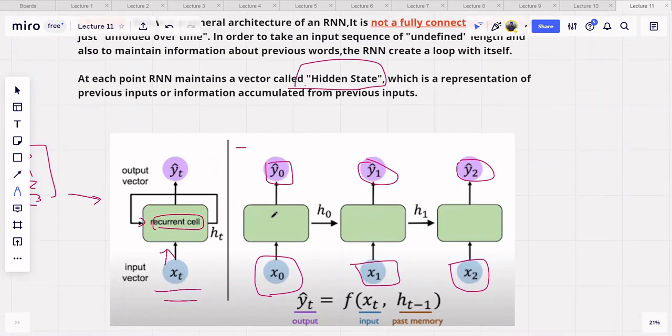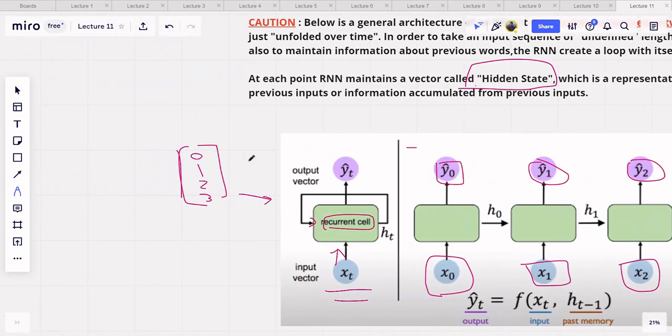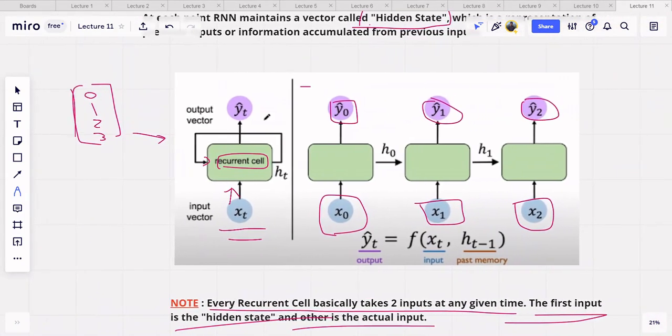So the hidden state vector gets updated again and again as we give multiple inputs. By constantly getting updated, it stores the relationship among the various inputs, and it then helps us get our required output.